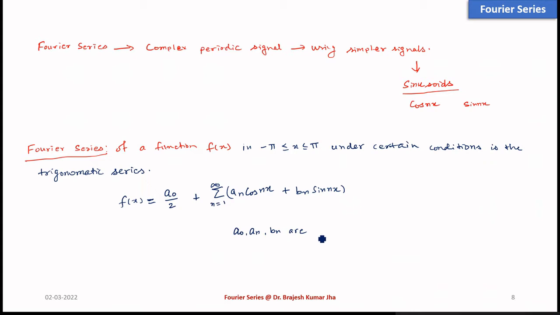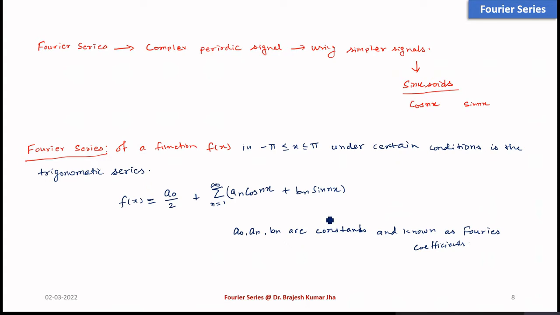These are constants and known as Fourier coefficients. Okay, so basically what we do, we have the function f(x) and we represent it in the form of trigonometric series, or we can say the harmonic form, sinusoidal form.